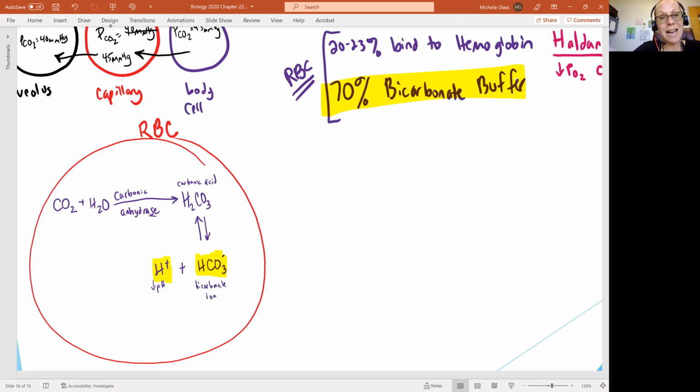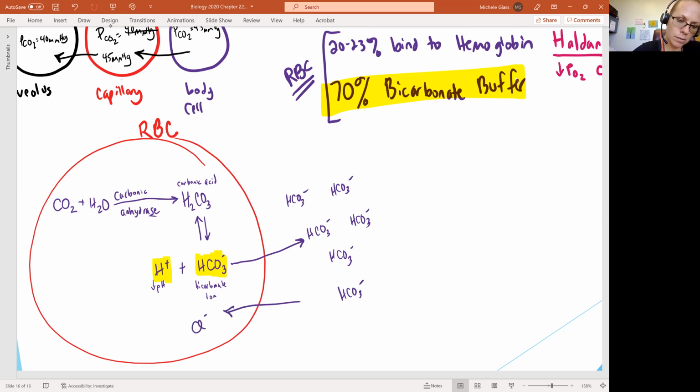Now what we're going to see happening is that the bicarbonate ion will actually leave the red blood cell and go out into our body fluids, in exchange for chloride ion. I'm not sure that those look like chloride ions, so let me try to make that a little bit more clear.